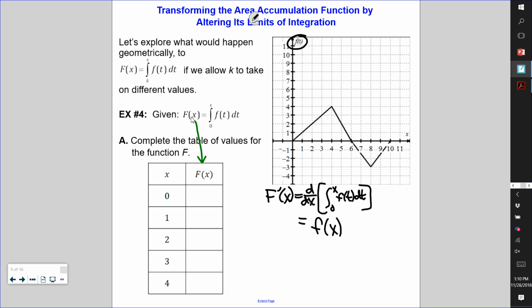Okay? So I've now just determined that the derivative of capital F is in fact this graph right here. That's important, okay? I need to find that. Now I've said that, I don't really have to say it again, because now I can just use either one of those.